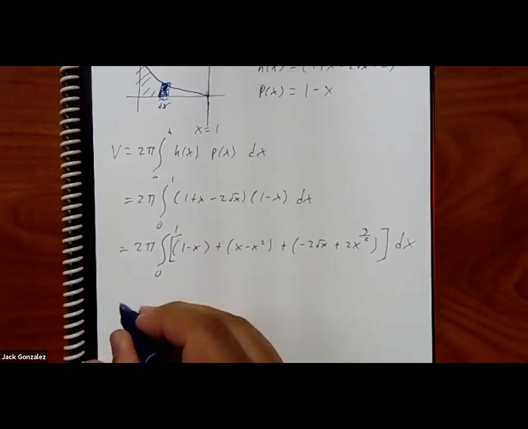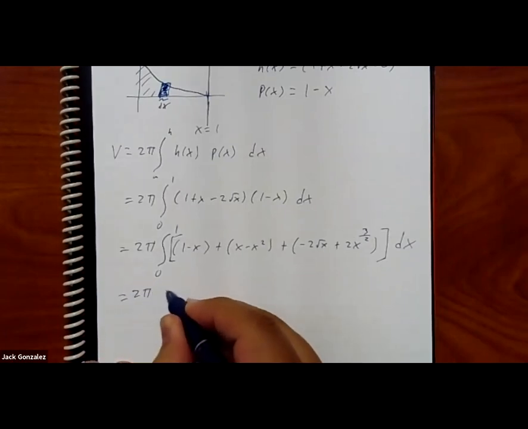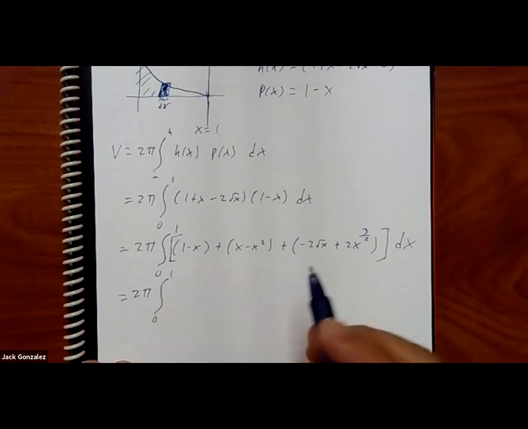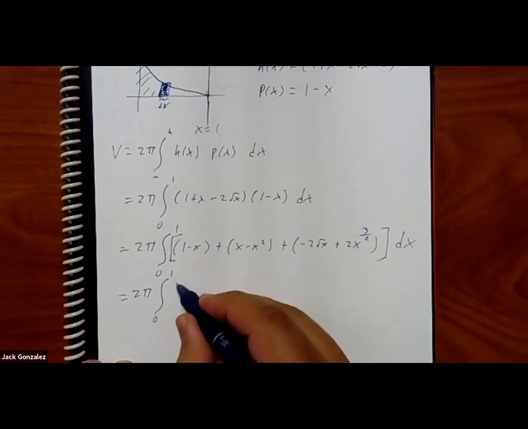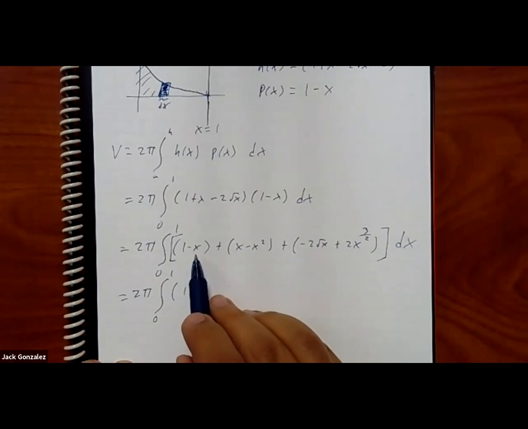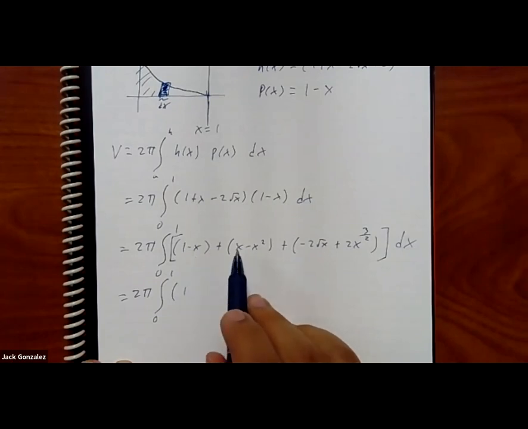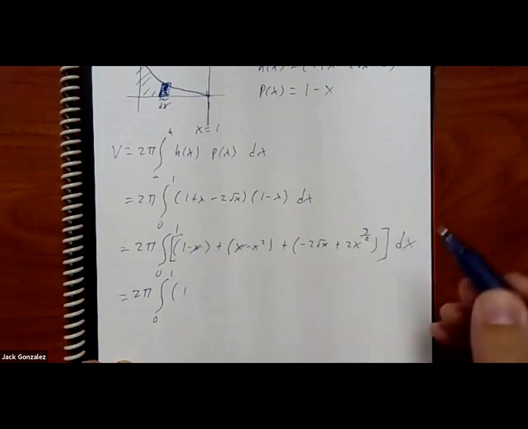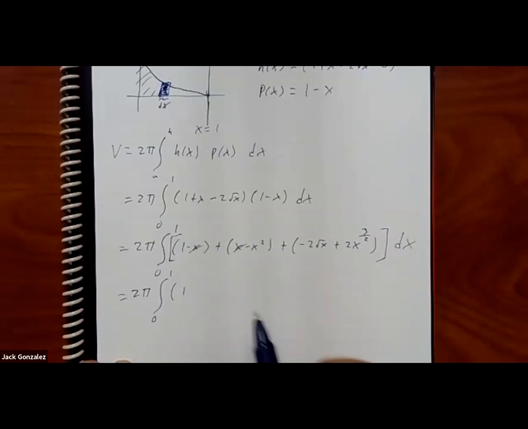Combine like terms. So there's only one. Negative x minus x is 0, right? So these are gone. Negative x squared is the only one.